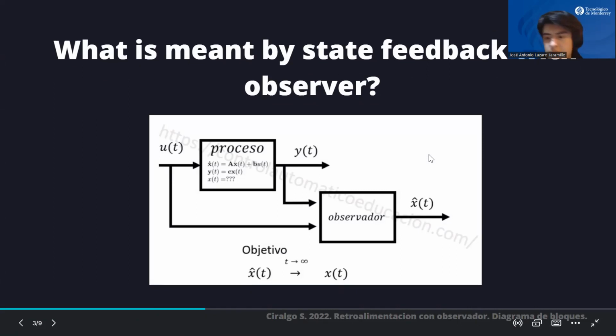This is because of the lack of sensors or the high cost of measuring the variable. So for this reason, we implement an observer in the system, in which a subset of states can be used to reconstruct the values of the system states.